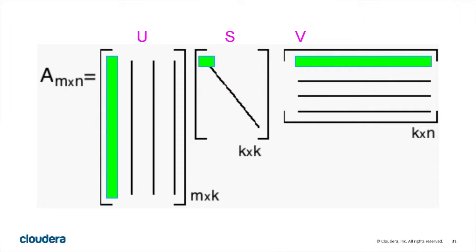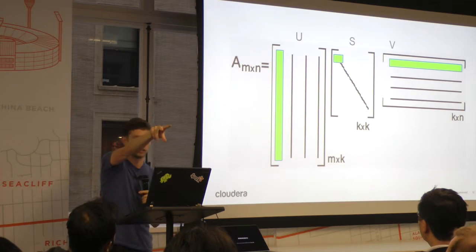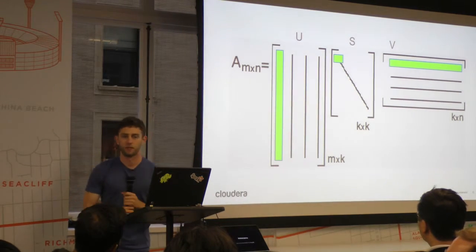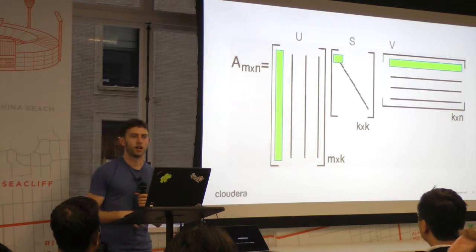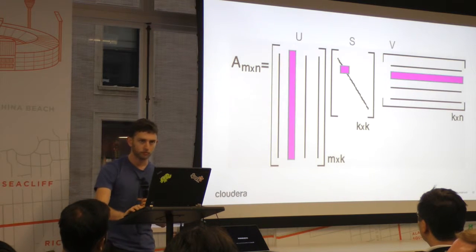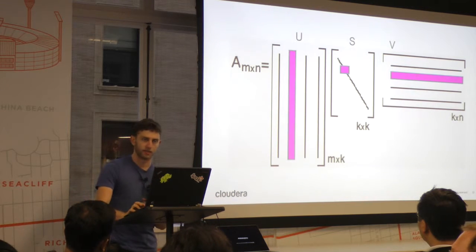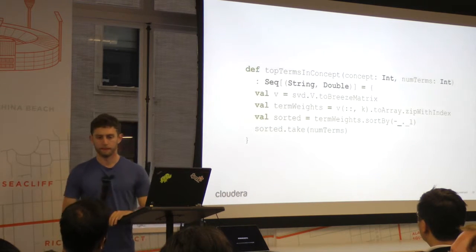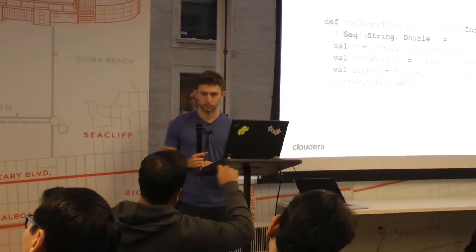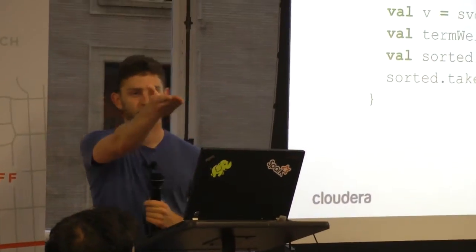As we talked about before, we can look at our matrices here, and the first, most important concept will be represented by these little shaded green parts. It's going to be the leftmost column of U, the left and topmost value in S, and the topmost row in V. We can look at the second most important concept, which just moves everything a step over. So if I wanted to know the top 10 words that describe a particular concept, I just take the highest values in the V matrix and rank order them? Exactly, and that's exactly what this code is doing.